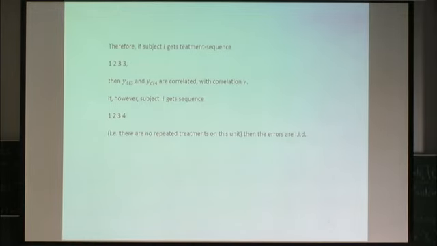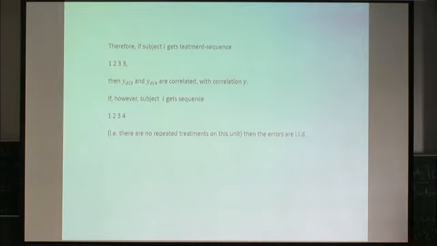Therefore, if a subject gets the sequence 1, 2, 3, 3, gets the last beer twice, then these two measurements of the last beer will be correlated. However, if the subject gets the sequence 1, 2, 3, 4, gets no repetition, then there will be no correlation.